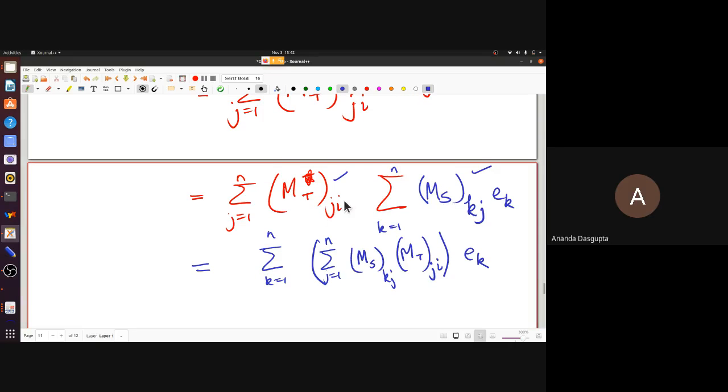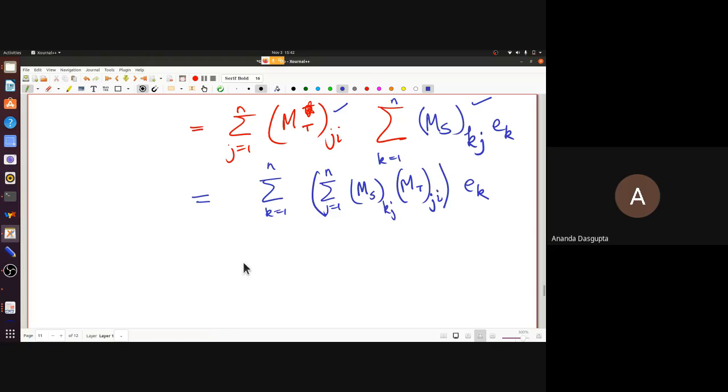Notice M_T ji and M_S kj are just numbers. You can of course move them around. But the reason why I'm writing it like this is that now you can see that this is really a matrix multiplication. And what's the matrix multiplication you're doing? M_S M_T, that matrix's kith element e_k.